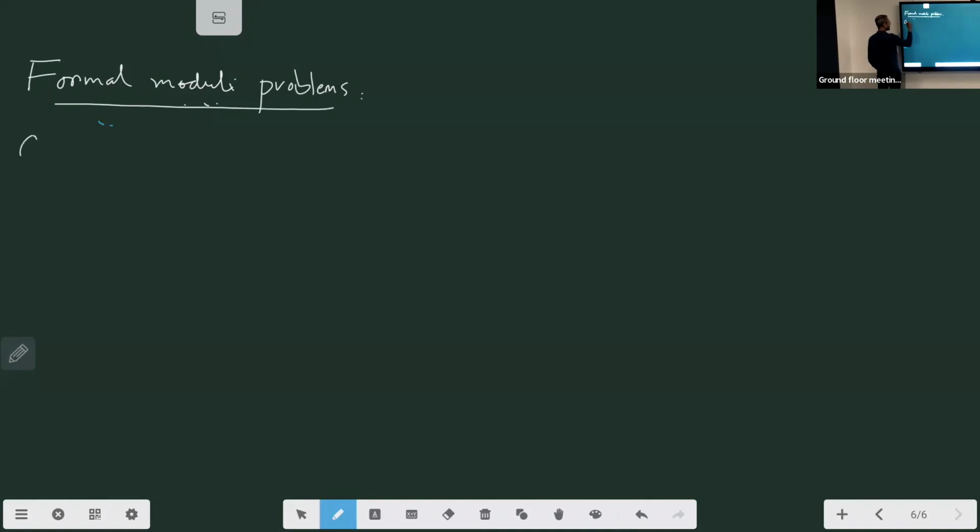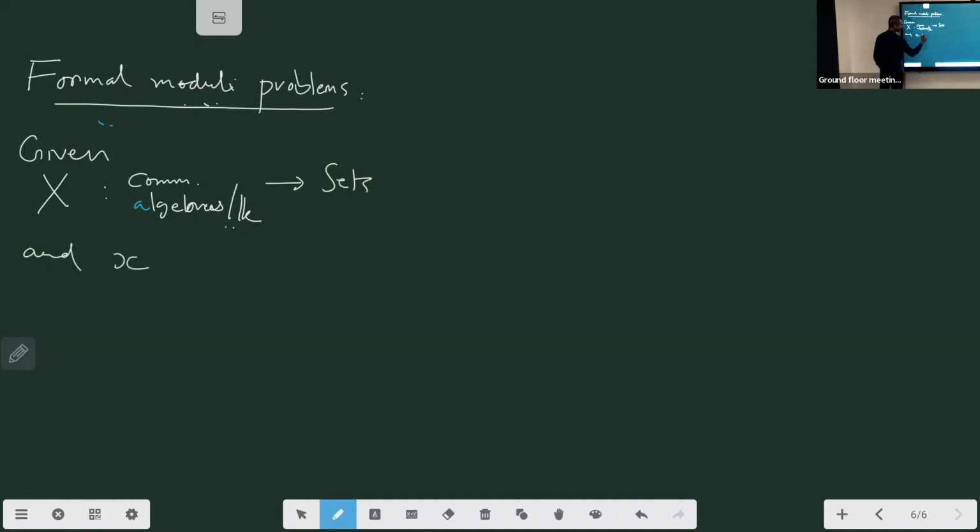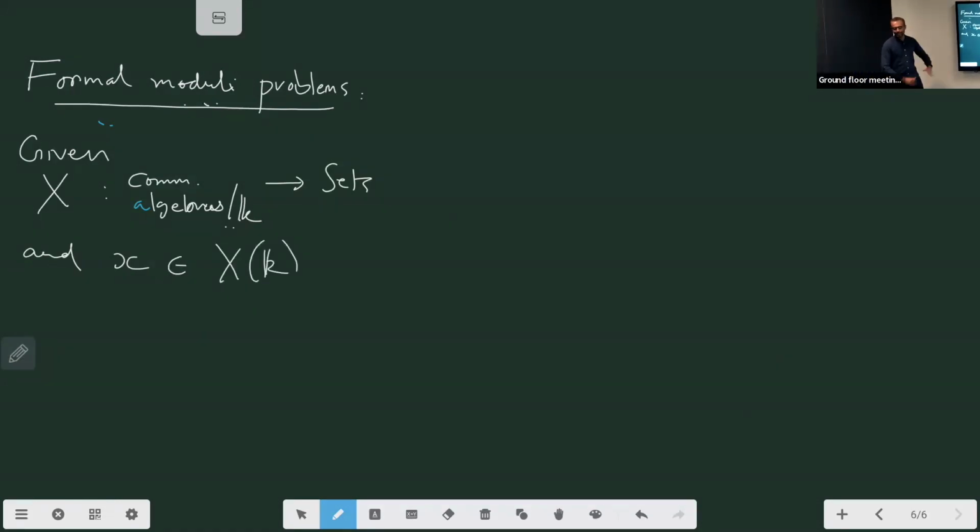So given X as before, and suppose I'm given some point x inside X of k, a k point of X. Okay. So if k equals C, I have some algebraic variety given by some solutions to polynomial equations, and I fix a point in that space.